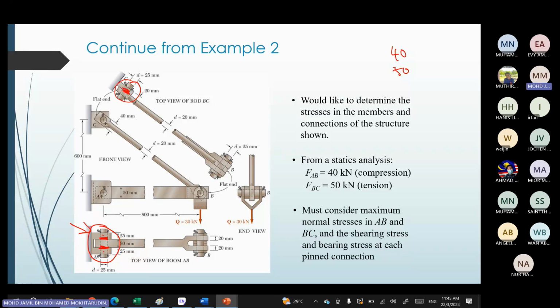So later maybe if you look at the tutorial, or maybe I will give you one example question, we will see how you need to look at the structure, how many contact areas that structure has. Okay, so if you have two contact areas, then you need to divide it by 2 and so on.